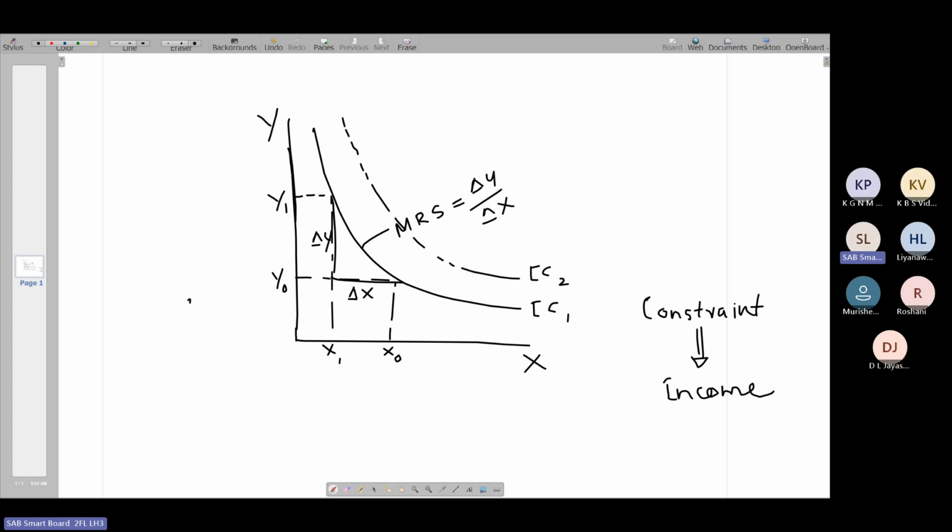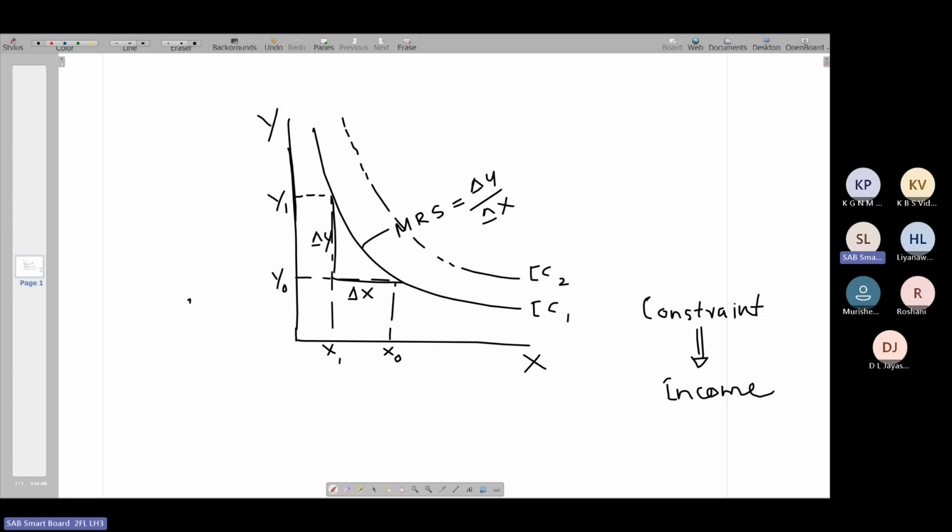So if there is a change in the price or a change in the income, because this is another income level. This is another IC1 we can take at a particular fixed income level.